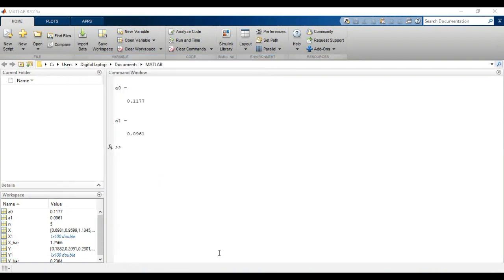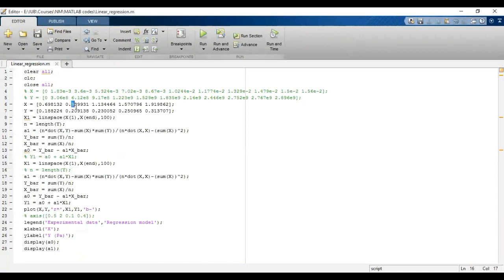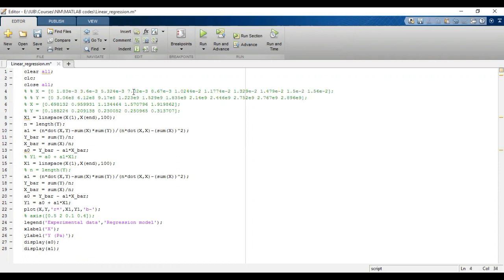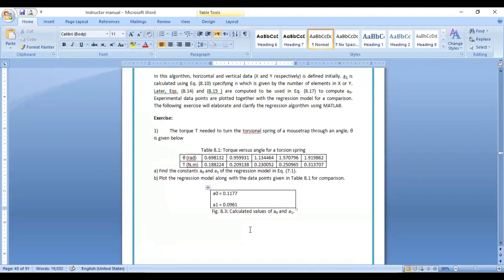Now I am changing my points. Suppose we have a different set of experimental data, then I have to comment these two rows and uncomment these two rows. This is our other set of data, and this data is given over here.